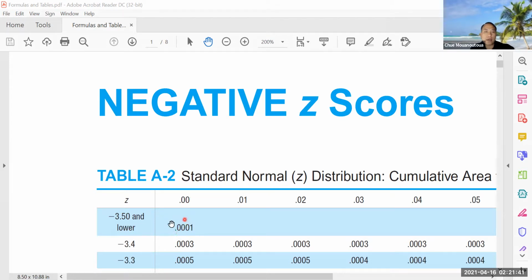This is your area on the left, 0.0001. You can use your calculator if you know how.